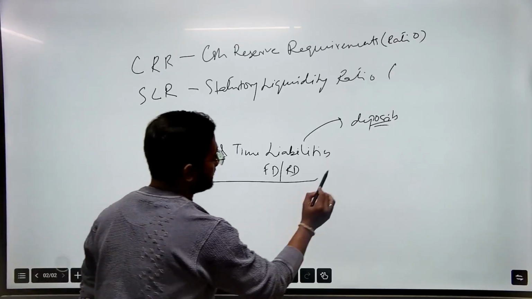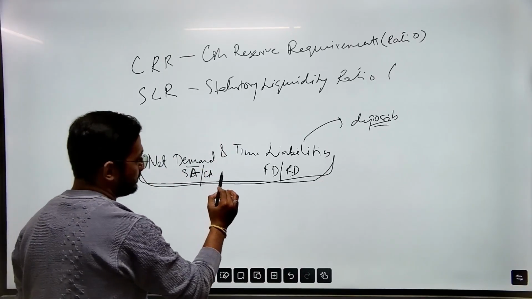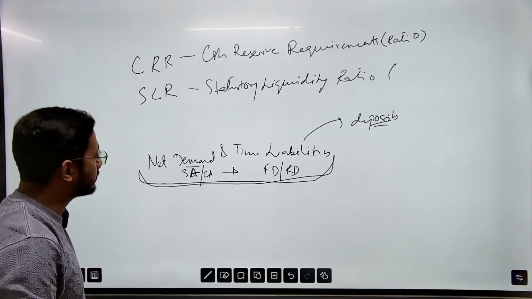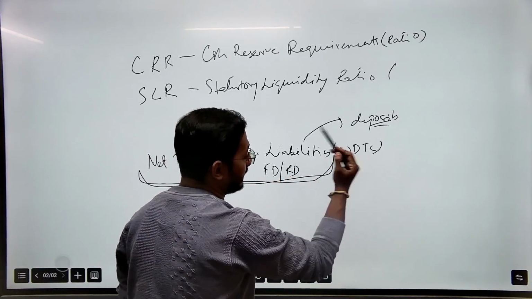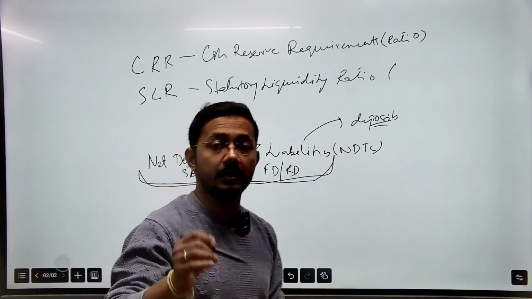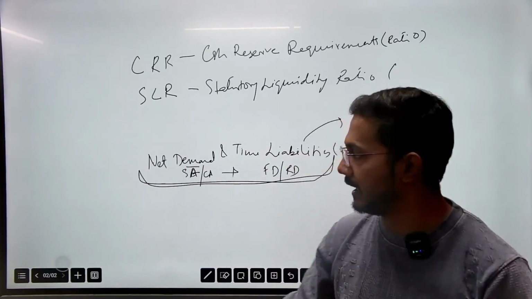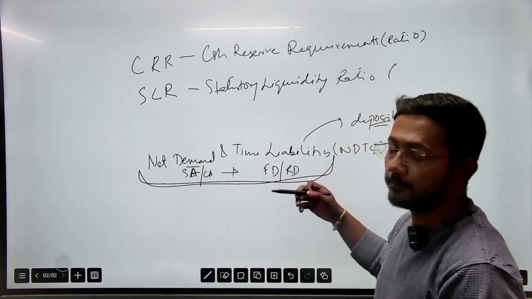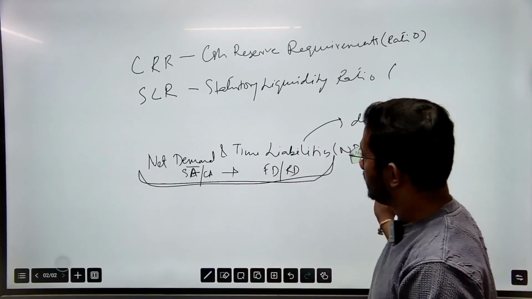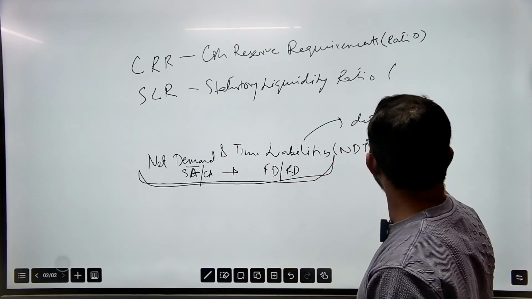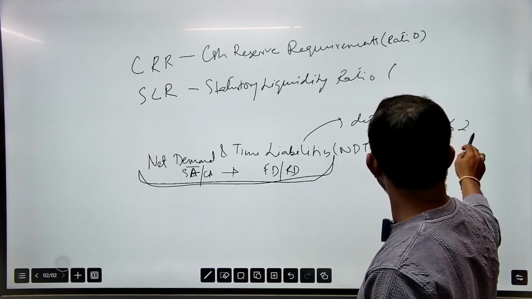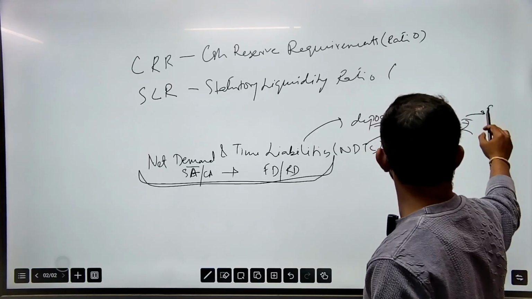So all of these together are called net demand and time liabilities, in short NDTL. Now RBI has made a rule for every commercial bank in India that at any point of time, from the net demand and time liabilities of the bank, a certain percentage of cash shall be deposited with the RBI.